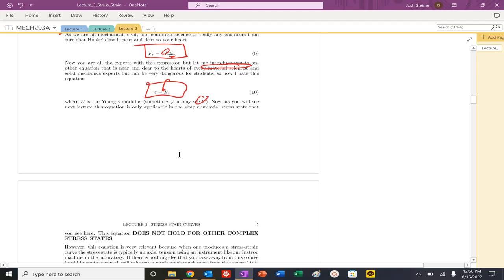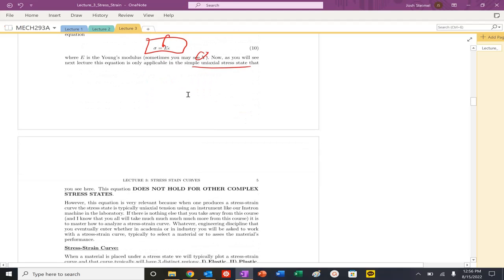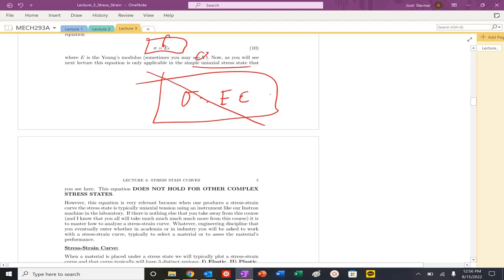So this very, very simple equation only holds for simple uniaxial stress. This equation is the most dangerous in all of solid mechanics. We will almost never use this equation in our course. Instead, we're going to be using much, much more complicated notations. Even worse, you could have an anisotropic material, with a second rank tensor.